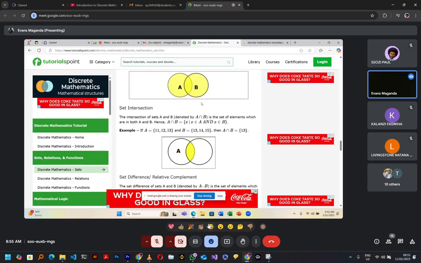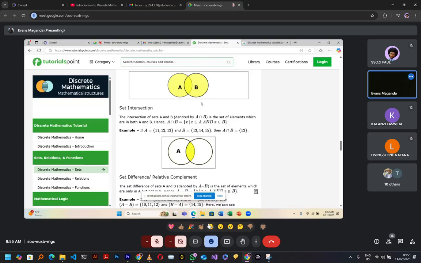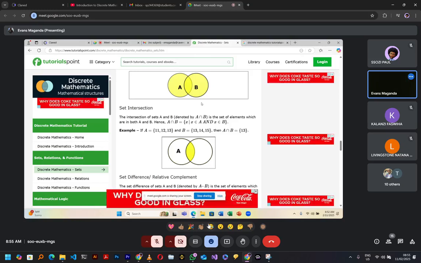Now, set intersection. Set intersection where you have A is represented by A intersection B. You have that down-sided cone that shows intersection.